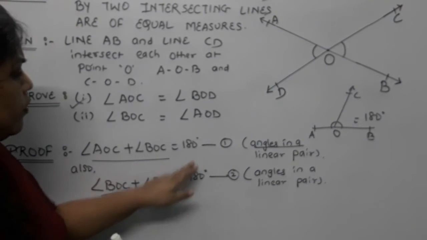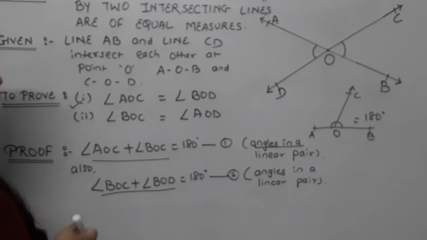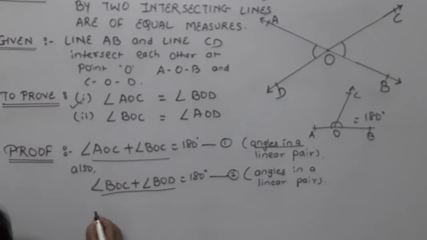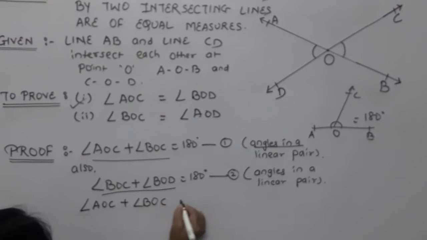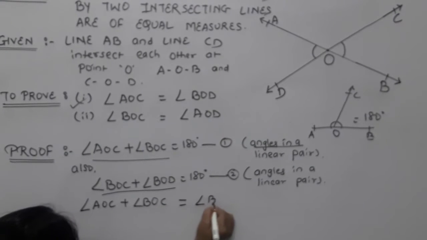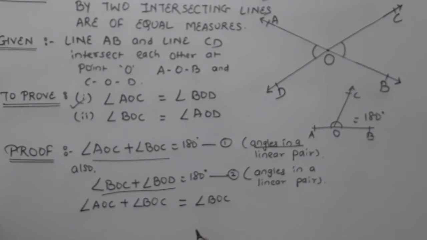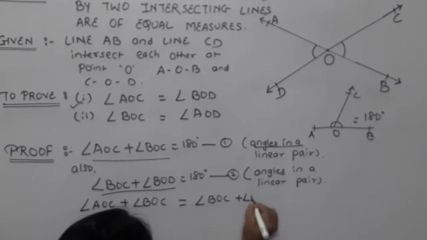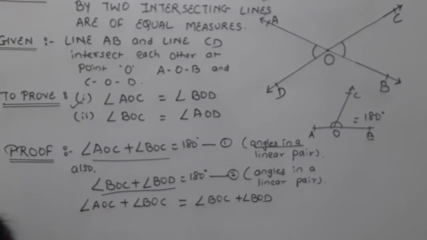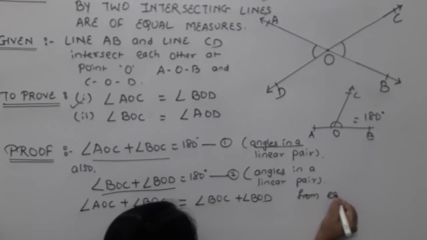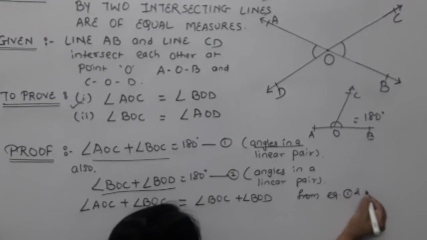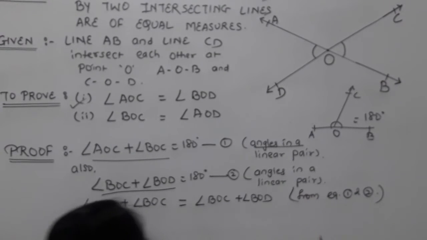Both are equal to 180, so from equations 1 and 2, angle AOC plus angle BOC is equal to angle BOC plus angle BOD. This is from equations 1 and 2.